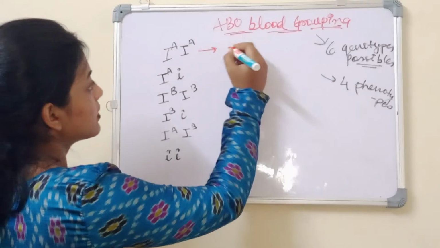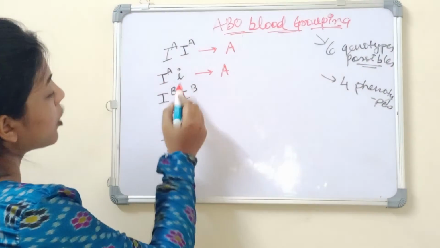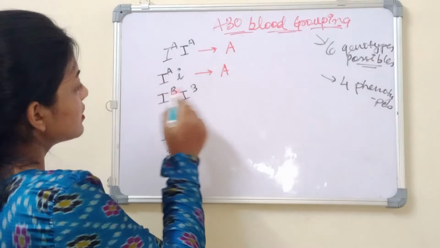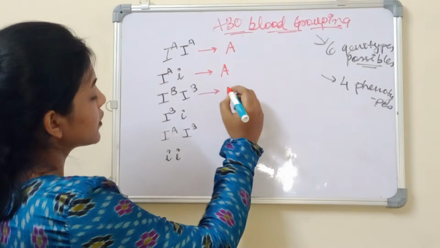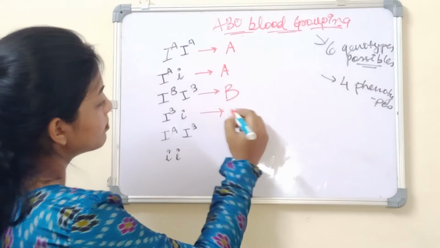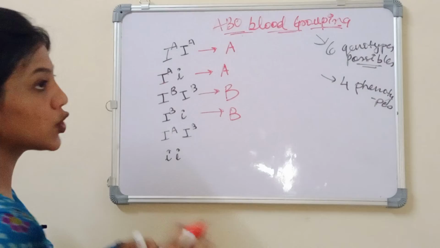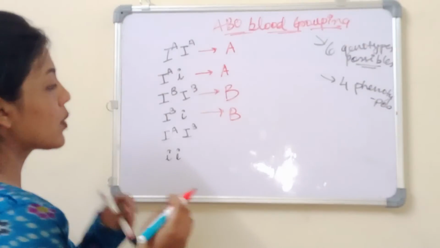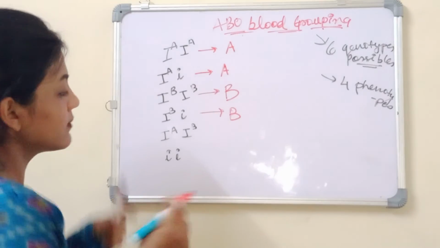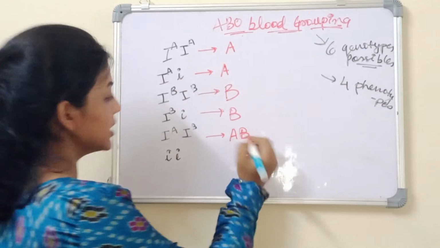This will make blood group A. This will also make blood group A because IA is dominant over the small i, right? Now this will lead to the formation of the blood group B, right? Now again IB is dominant over i, so B blood group. Now I told you A and B are codominantly expressed, so the person cannot have the blood group A or the blood group B. It will have the blood group AB. Okay.